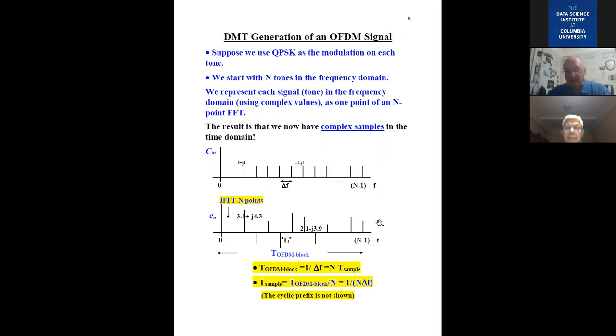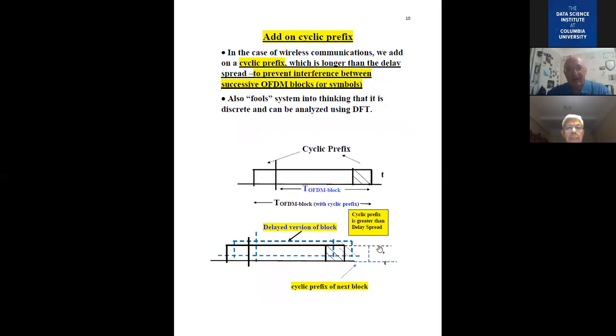So what you do is you just leave a little room between one OFDM block and the next OFDM block. So you can imagine if there's an OFDM block here, between this OFDM block and this OFDM block, I leave a little buffer.